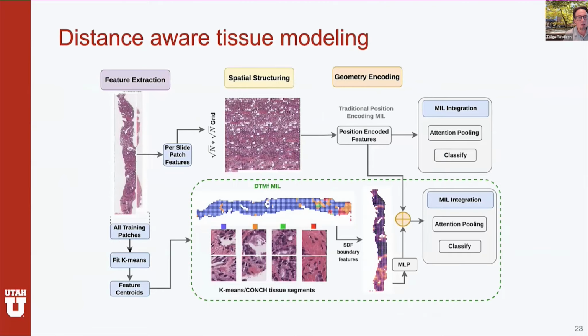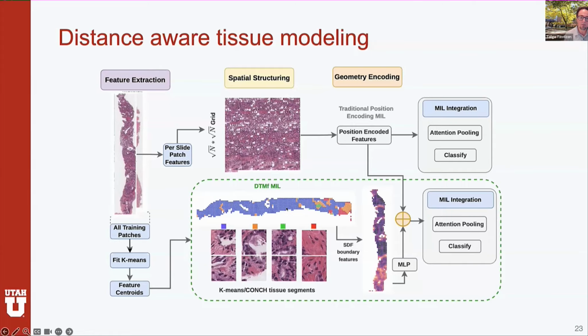Okay, so our idea here essentially is to inject this geometry information into the whole workflow, right? So we take the patch features that are embedded from a foundation model perhaps, and then we do some clustering in that space. This could be k-means, a very simple clustering, or it could be zero-shot semantic mapping to different tissue types using a VLM in the pathology space, right? That's what this bottom middle picture is showing, the different colors here. The 4 colors are the 4 clusters, the 4 prototypes, right?